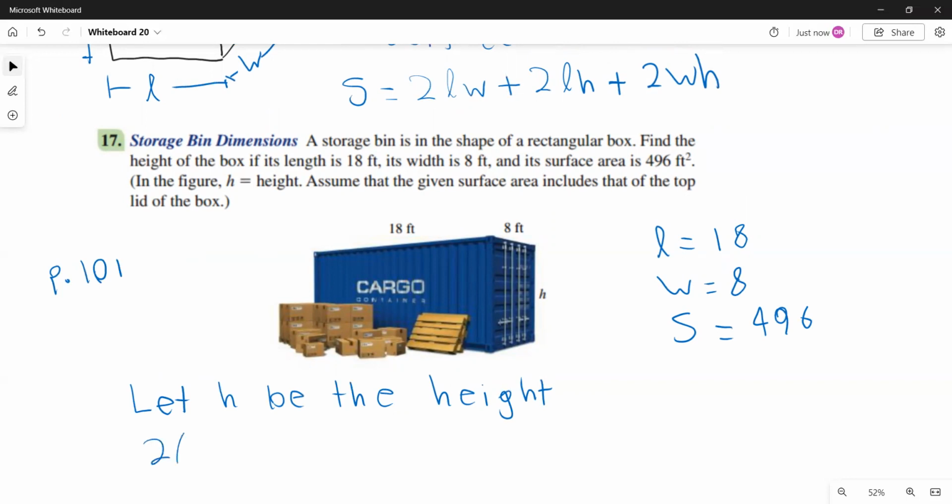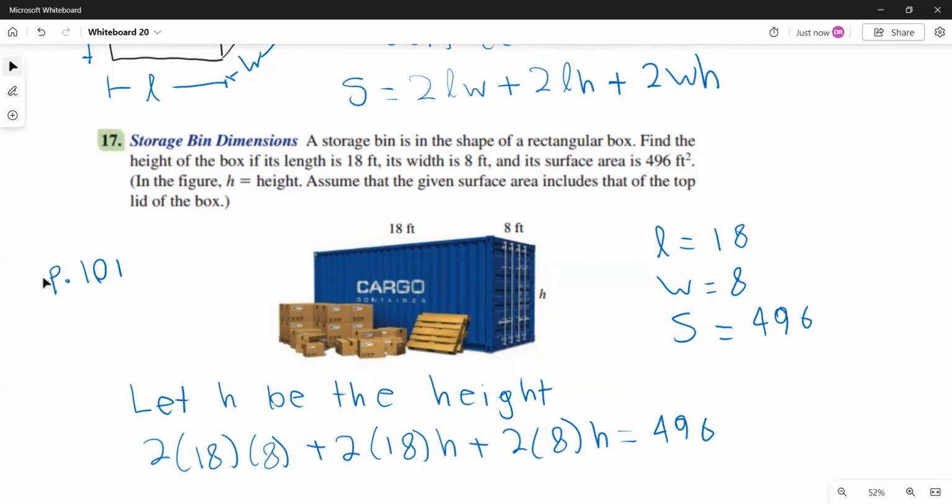So 2 times length times width, that one is 8, plus 2 times length times height plus 2 times width times height is 496.